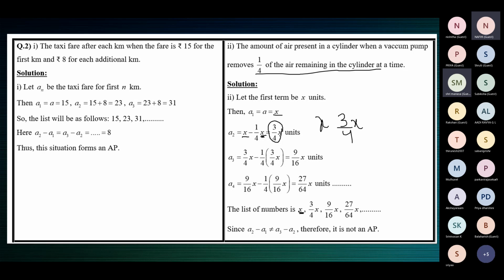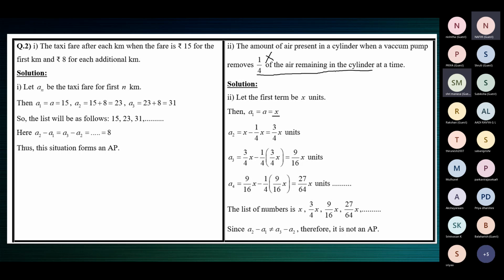Now 3/4X minus 1/4 of whatever is remaining. See, we start with X. It's given, we are not doing anything according to our wish. 1/4 of the air remaining in the cylinder. 1/4 means 1/4, "of" means multiply.